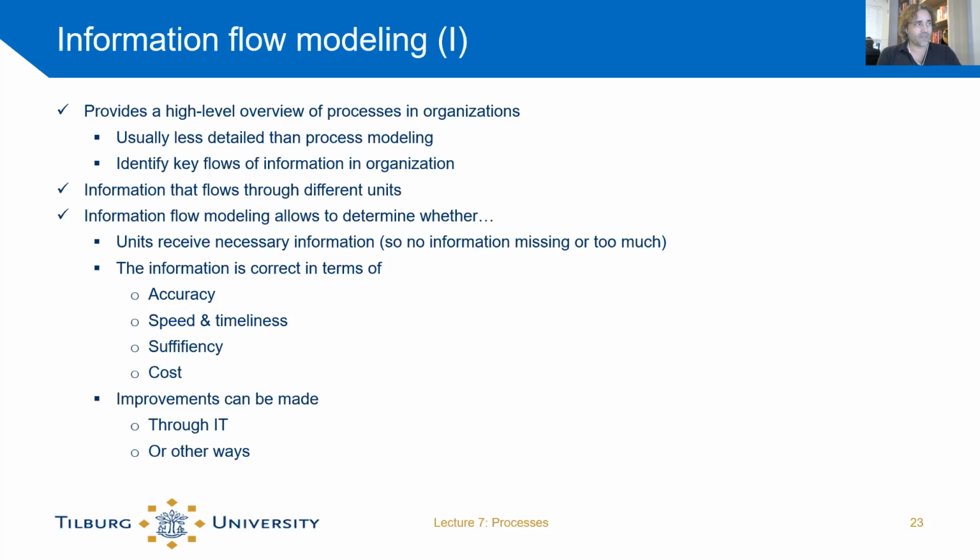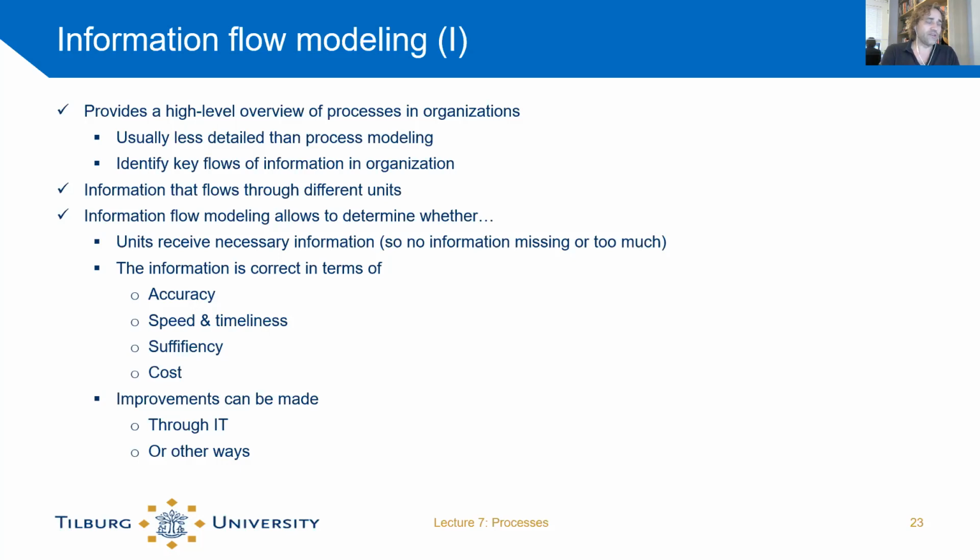And we can analyze the information that comes from and goes into each different unit in order to determine whether every unit receives the necessary information, so that no information is missing or you receive no redundant or too much information.